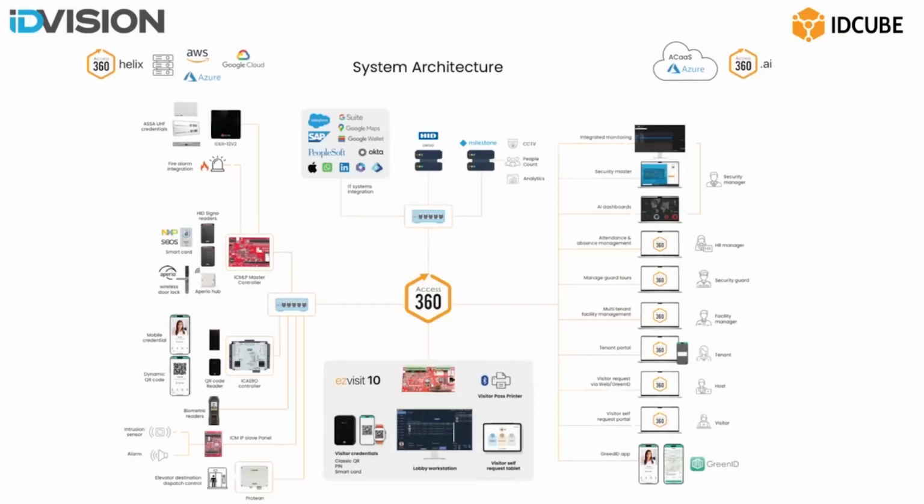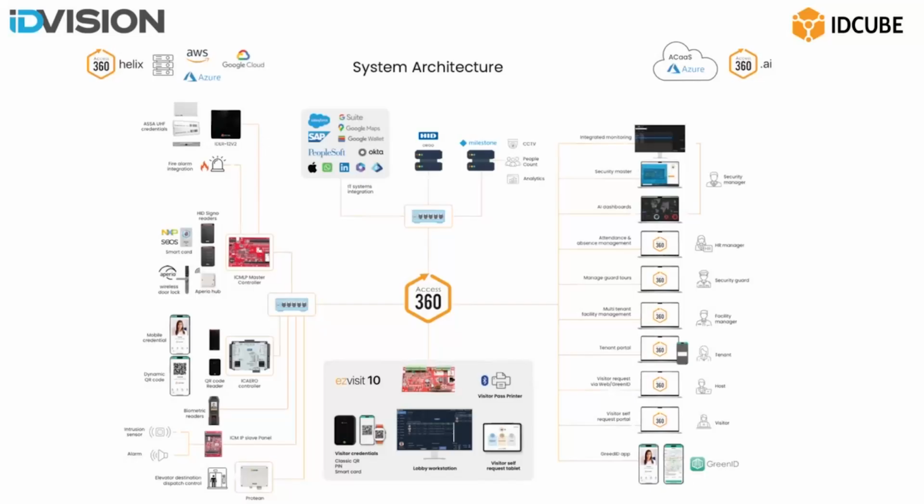On the right hand side, you can see all of the systems that operate as one platform, whether it's cloud or whether it's on-prem. You have dashboards for attendance, you have dashboards for your artificial intelligence, you have dashboards for your visitor management, for your credentials, for your people management. All of the dashboards are here on the right hand side. On the top, you can see your third-party systems, security third-party systems like CCTV.